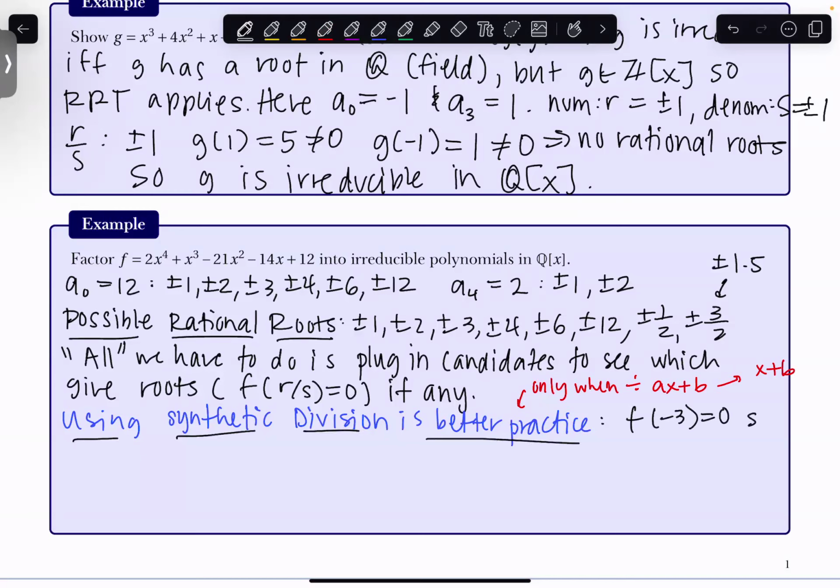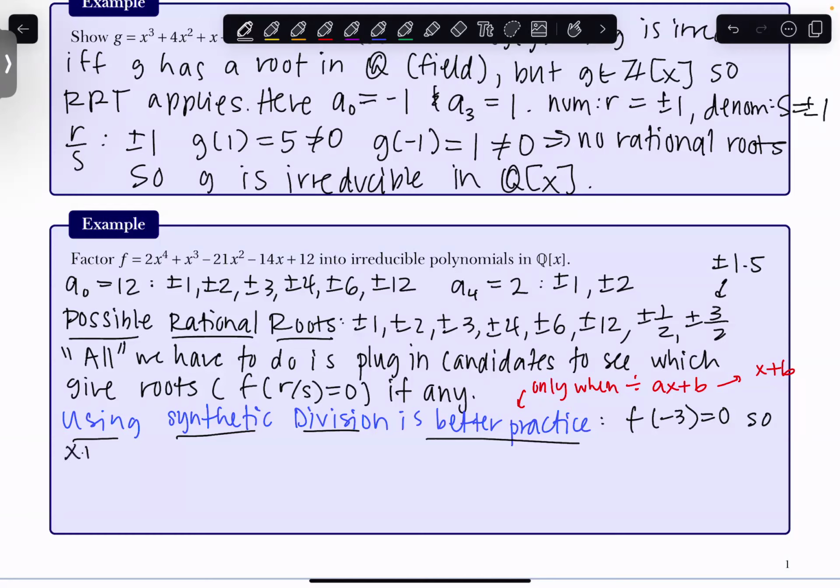Okay, so what this is telling me is that x minus -3 or x plus 3 is going to be a factor. And so I want to take my f and divide it by x plus 3, see what I get back out, then take that new polynomial and try to factor it again or decide it's irreducible there, right? The goal is to be able to write out f using factors that are just irreducible polynomials.